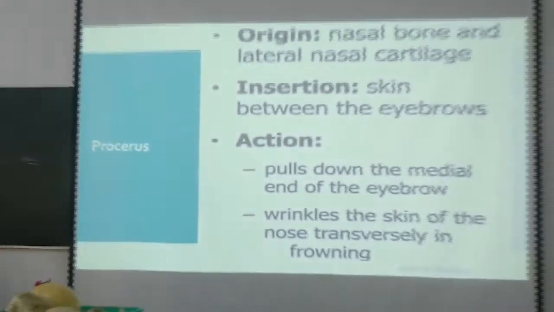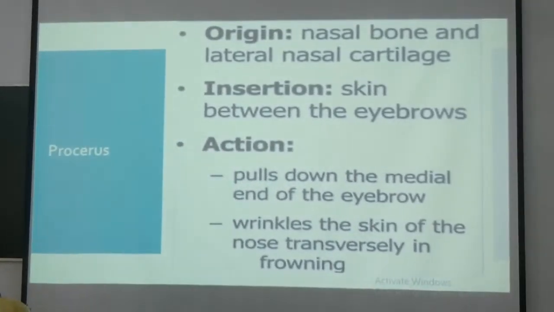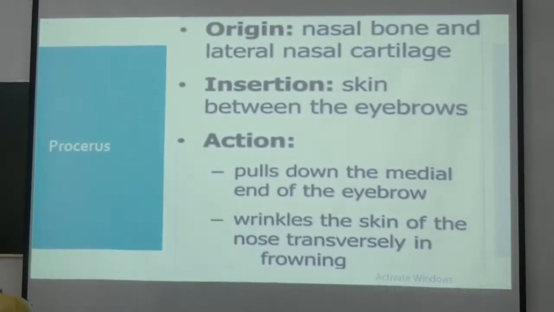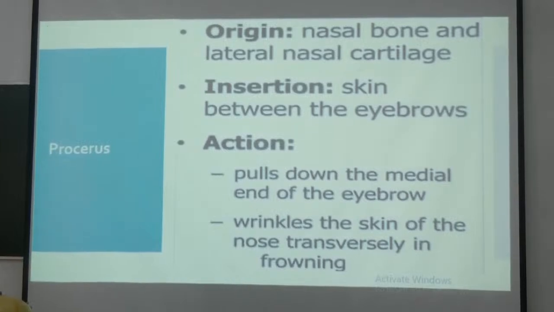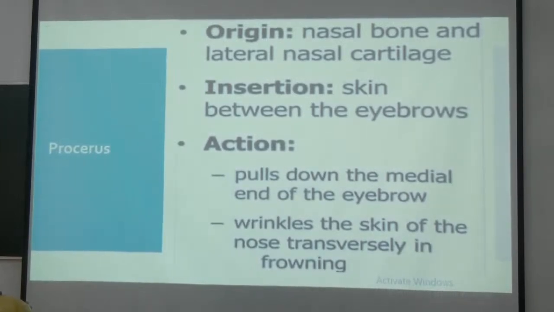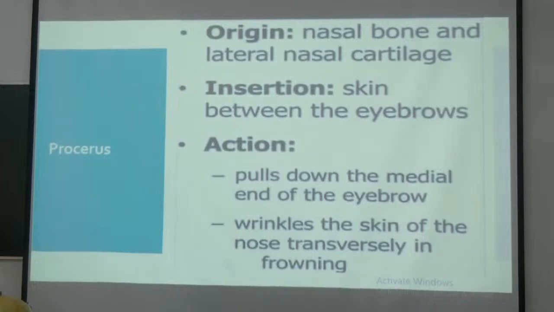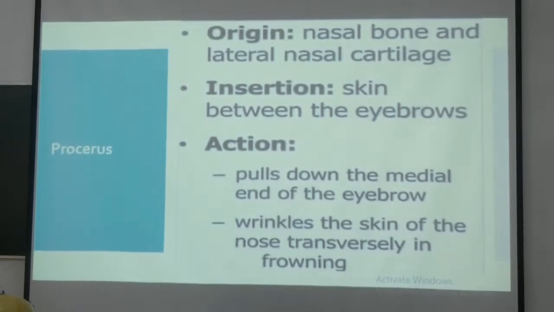The procerus is present on the nasal bone and also the nasal cartilage. What is the function? It pulls down the medial end of the eyebrow, actually making a vertical crease over the root of the nose, and wrinkles the skin of the nose transversely during frowning.